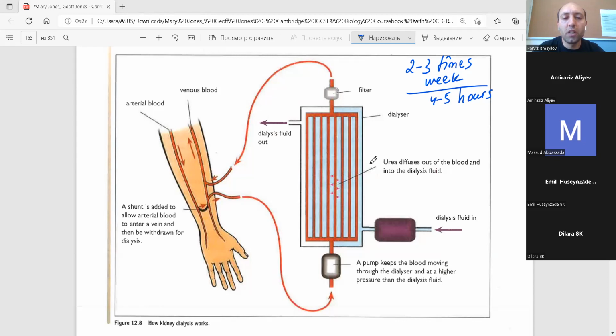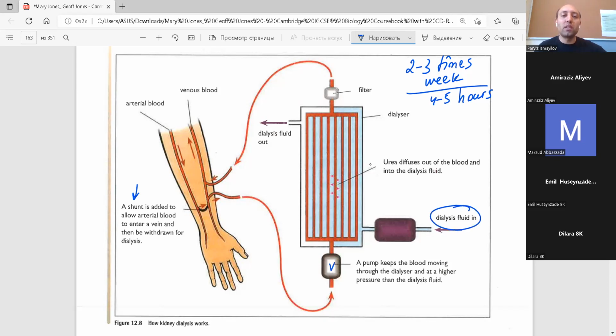So if you look at this picture, guys, you can see they are using a shunt vessel, a shunt, with which they connect the artery with the vein, and this blood goes through the veins to this machine. In this machine we have a pump which speeds up the movement, and they use a special fluid, dialysis fluid.